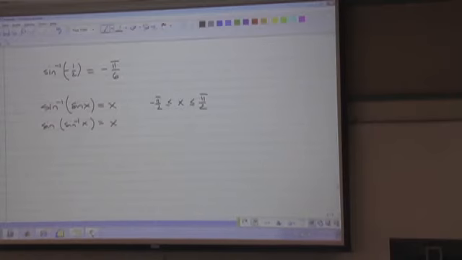On the bottom, what would you guess the limits on the x should be? Between minus 1 and 1. Does that make sense?